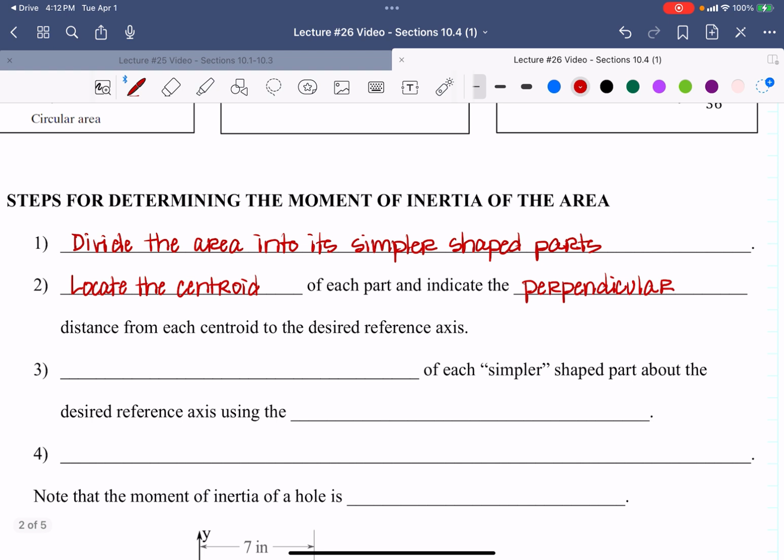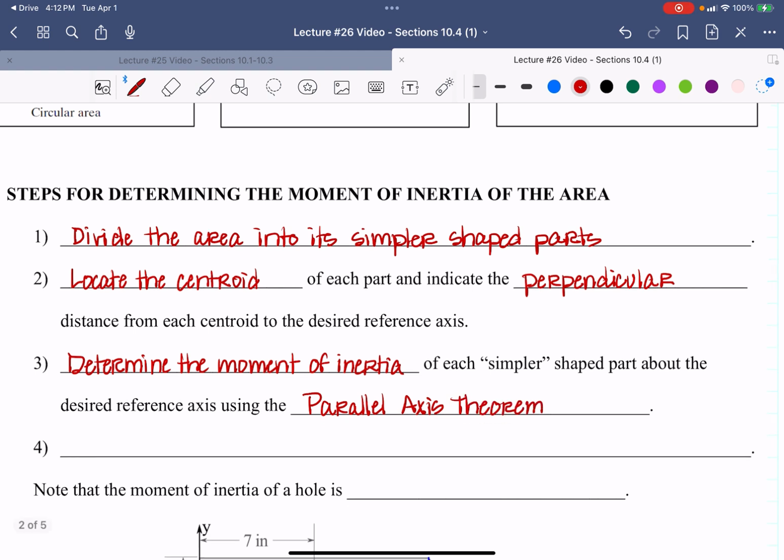Number 3 is we are going to determine the moment of inertia for each simpler shaped part, determine the moment of inertia of the simpler shaped parts about the desired reference axis using the parallel axis theorem, which we learned about last time.